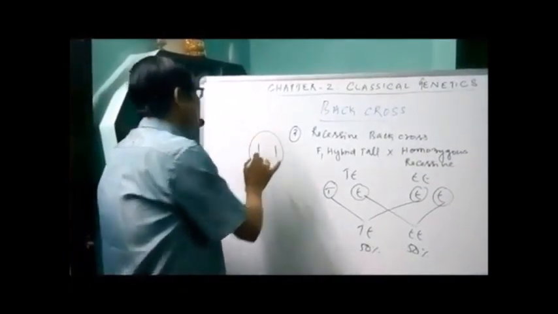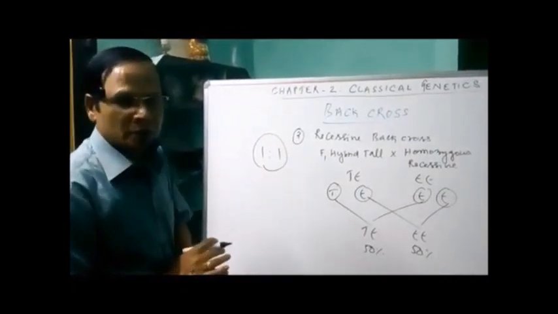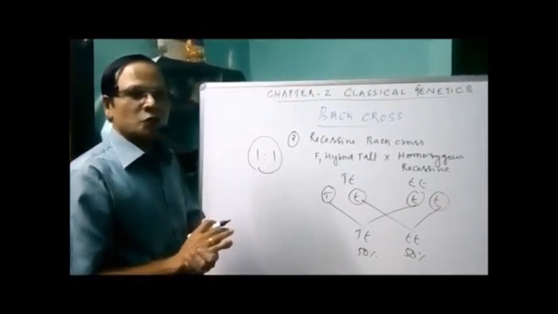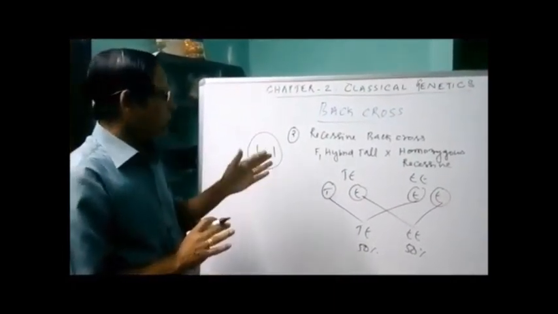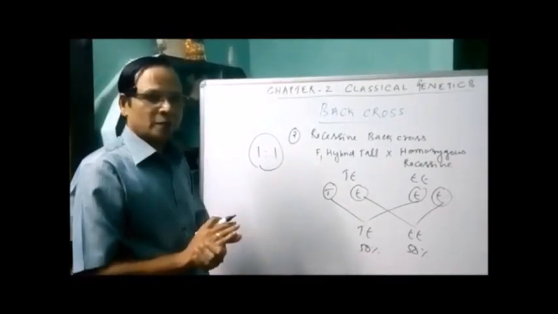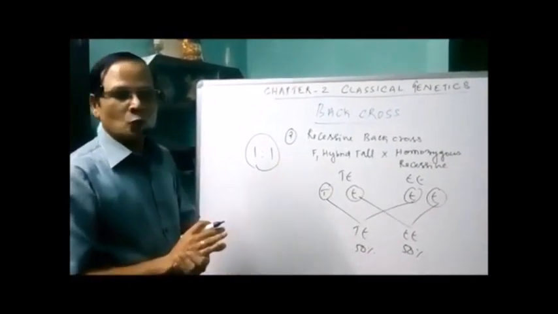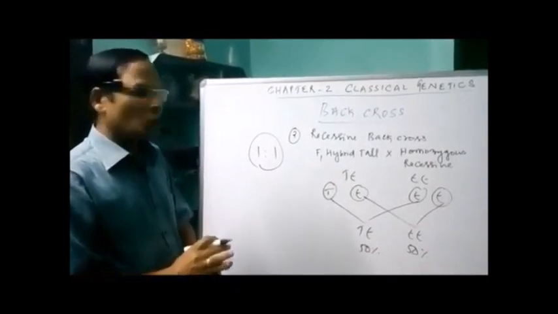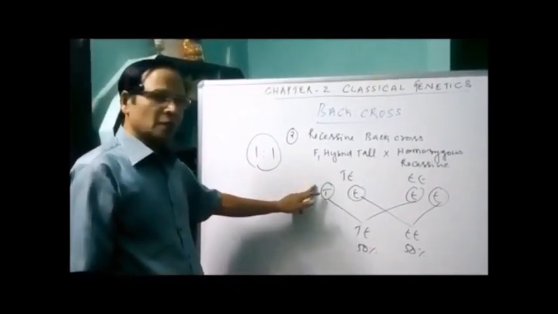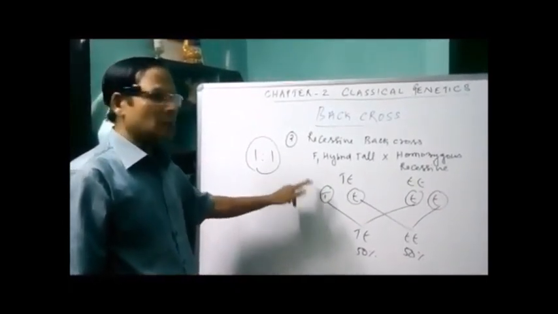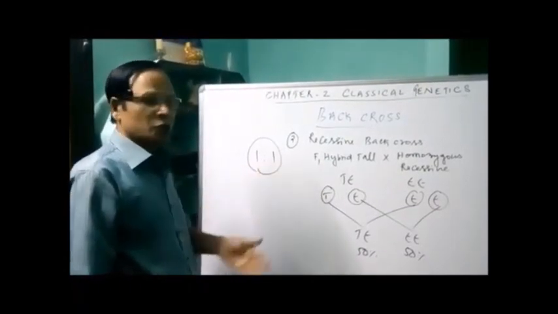So if you are getting a ratio of 1:1, it shows that the dominant parent involved is heterozygous. Only when the heterozygous parent is involved in that cross do you have a 1:1 ratio.